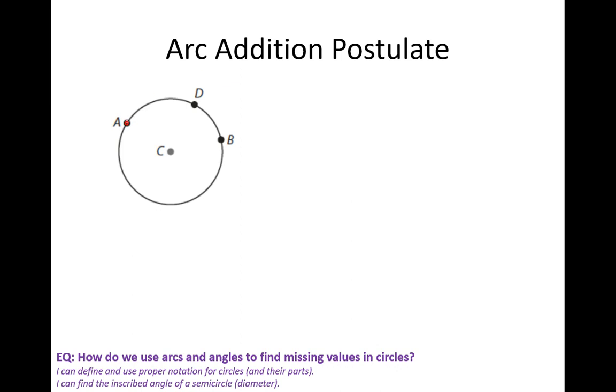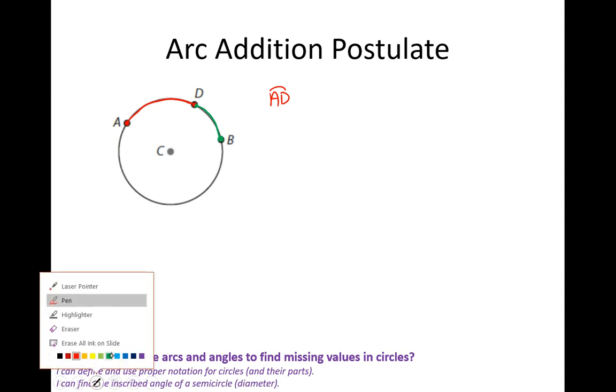So I'm going to start with A and D, and I'm going to trace the arc. And then I'm going to grab my green, and my green is going to be D to B, like so. I'm going to go back to red and say, hey, guess what? Arc AD, which is a minor arc. Notice only 2 letters.